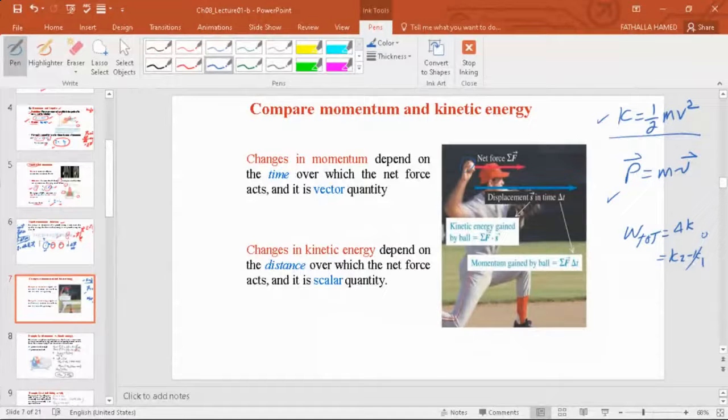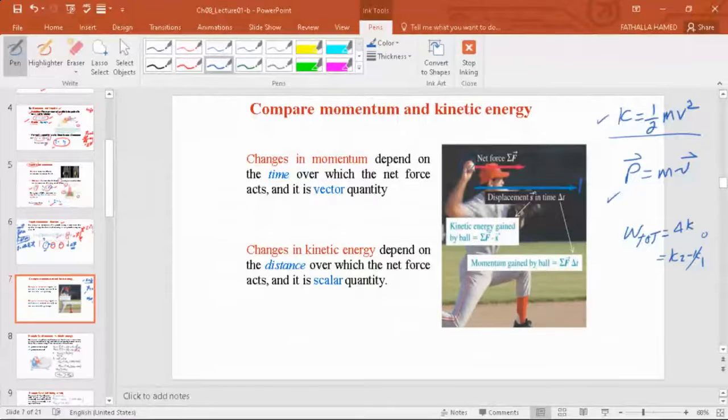And when the ball leaves his hand, it will have some speed or velocity, and that's where the kinetic energy comes in. So now he has to do work to bring the ball to this point here, where it will leave his hand.